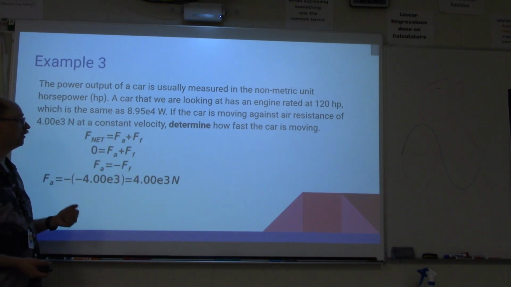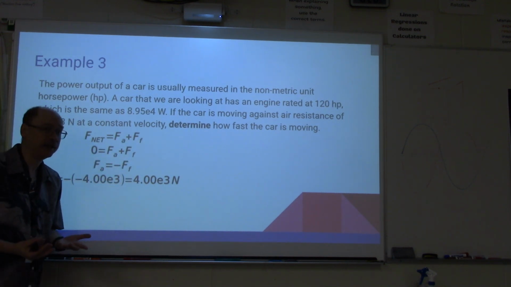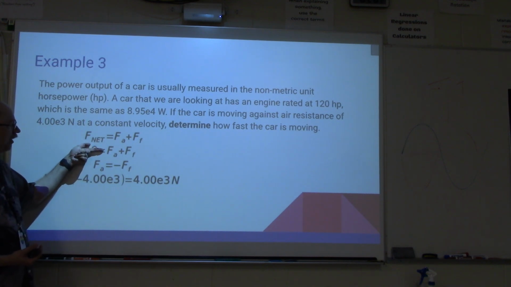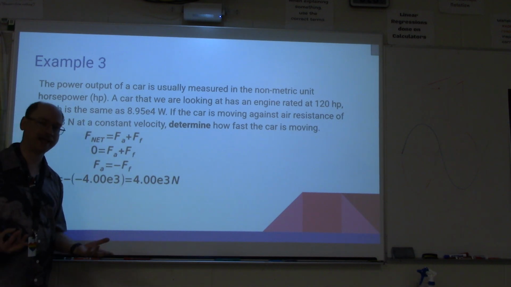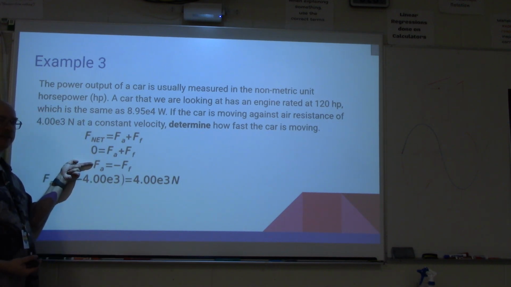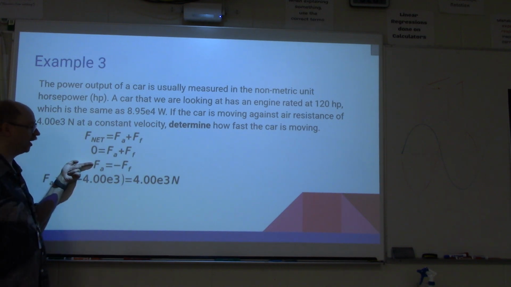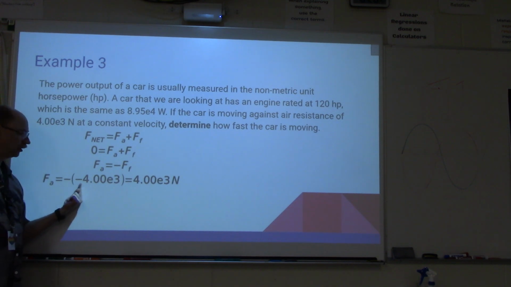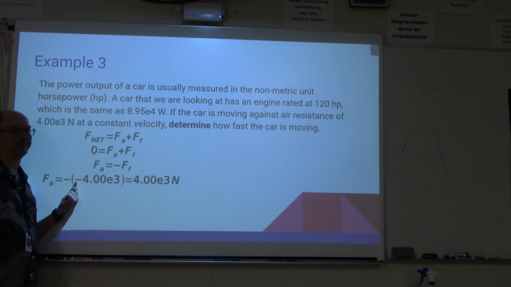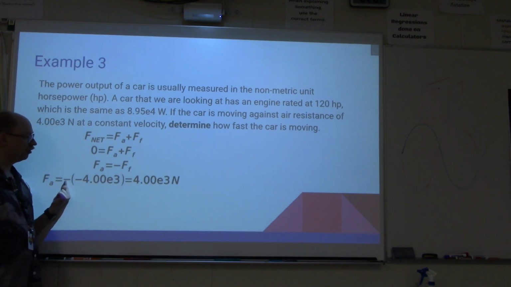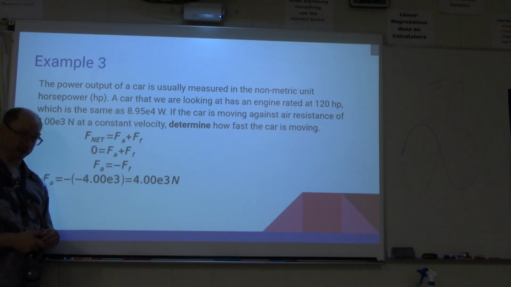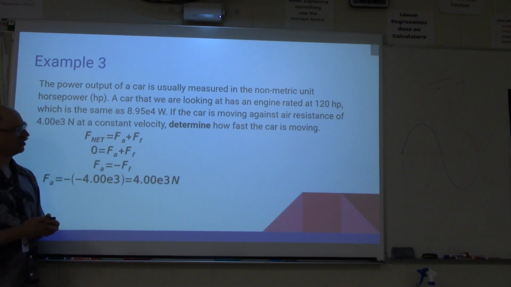Fa plus Ff are what we're adding together to get the net force, and once again, even though they are equal in magnitude, they have to be opposite in direction. I took one to the other side. So if I'm fighting against this much friction, which I'm going to say is negative, just because that's the way we usually think of it, backwards against the car, but the negative sign is already there, Fa is positive 4,000 newtons.